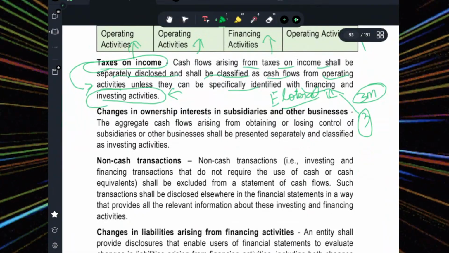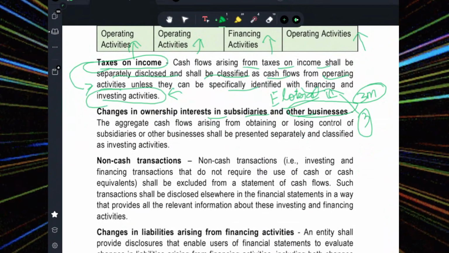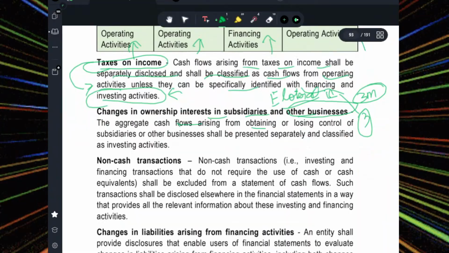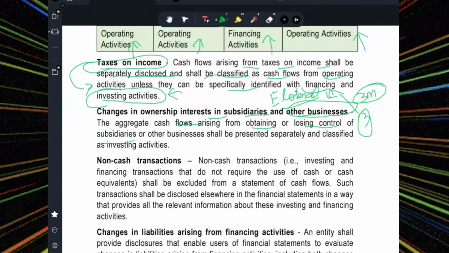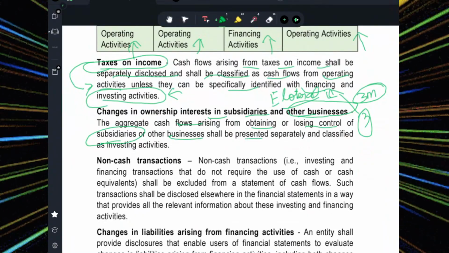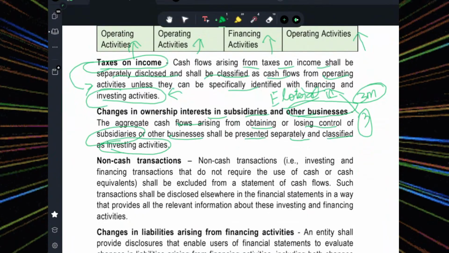Change in the ownership and interest in subsidiaries and other business. How does the change in ownership in subsidiaries affect our business? The aggregate cash flow arising from obtaining and losing control of subsidiaries and other business shall be presented separately and classified as investing activity. So I'm a company.